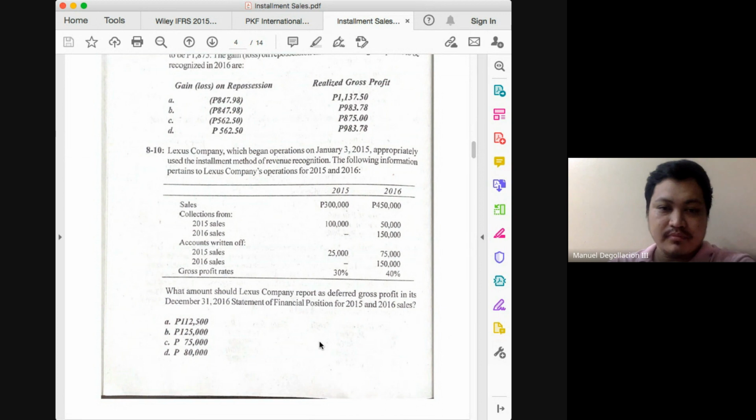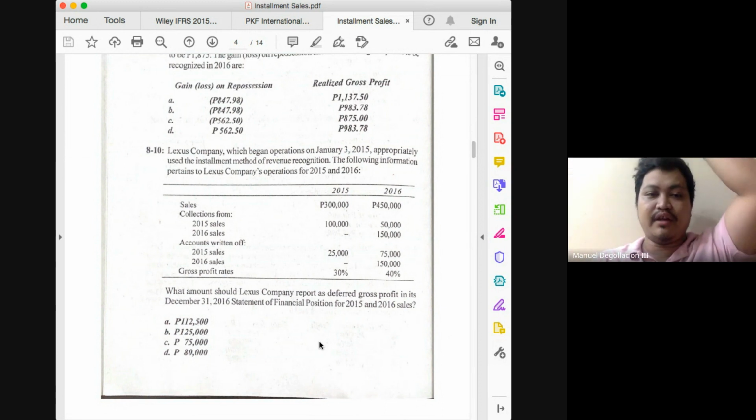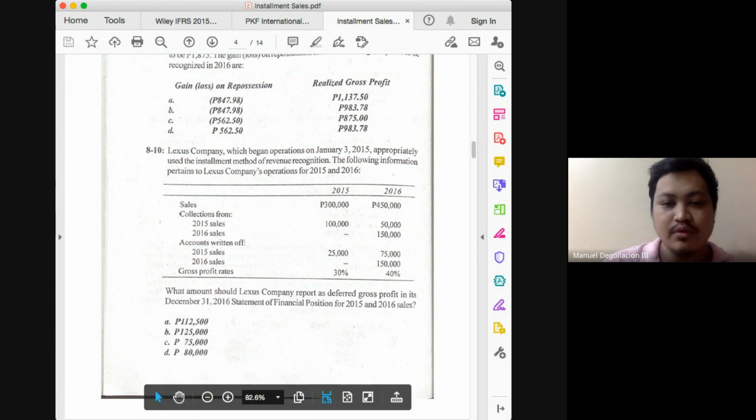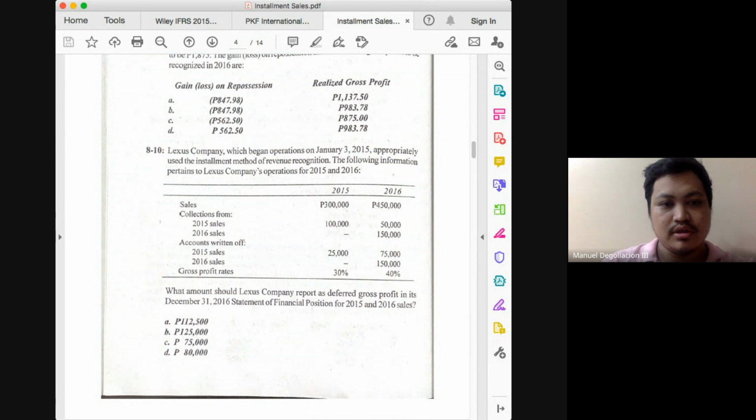That means the remaining receivable as of the end of 2016 for our 2015 transactions would be 50,000. You get the markup on this 50,000. You multiply this with 30%, 50 times 30%, that will give you 15,000. Then for our 2016 transactions, you will have 450 sales minus collection of 150 minus write-offs of 150.